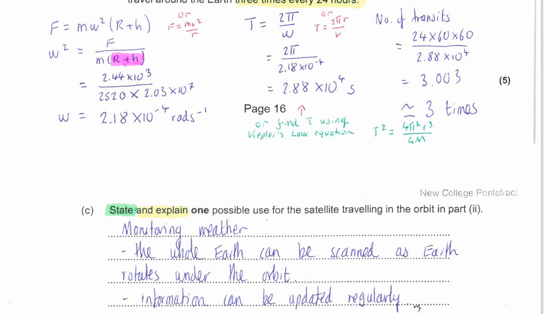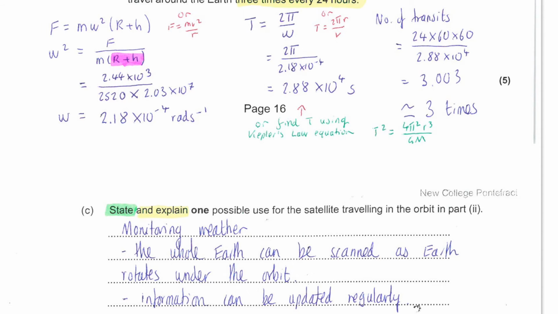You might consider that the time period is 2 pi divided by omega, or you might use the alternative of 2 pi r, the circumference, divided by the speed v. So taking the first option here, you would consider the centripetal force first, and that equals m omega squared times the radius of the orbit. But again, always adding here height above to radius of the Earth itself.